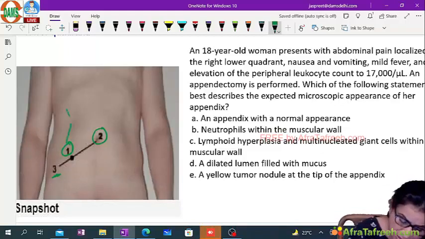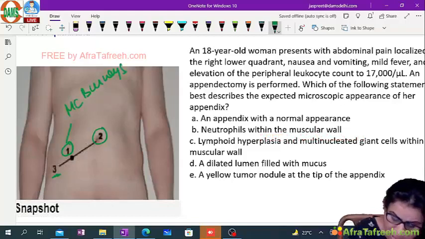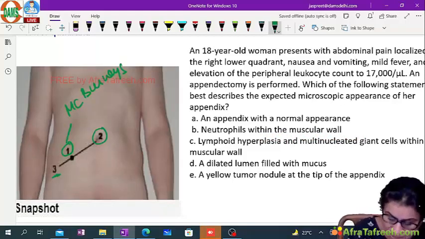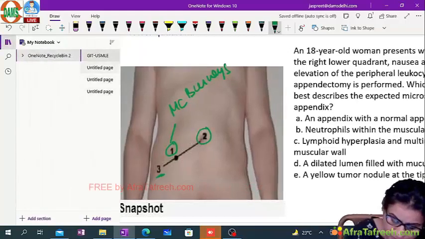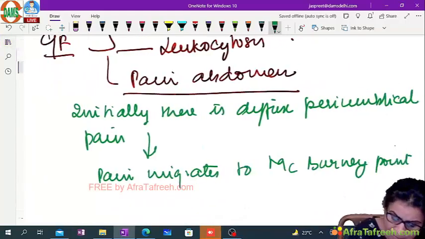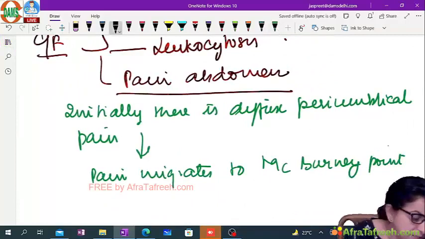So pain starts in the periumbilical region and then goes to McBurney's point.